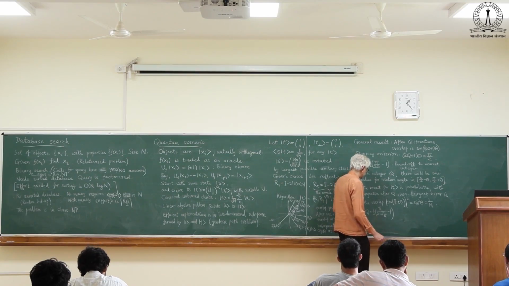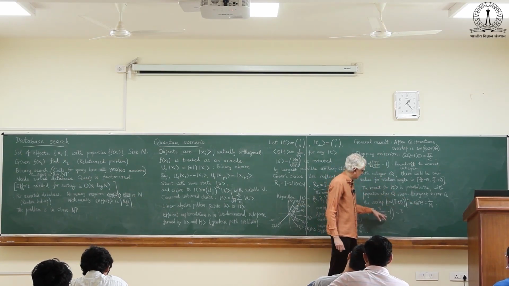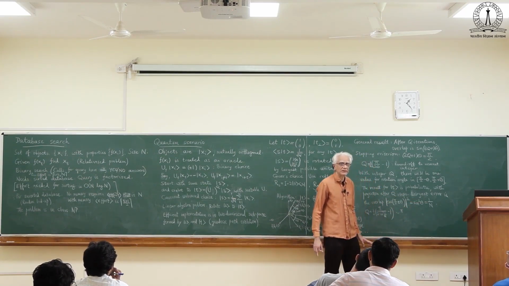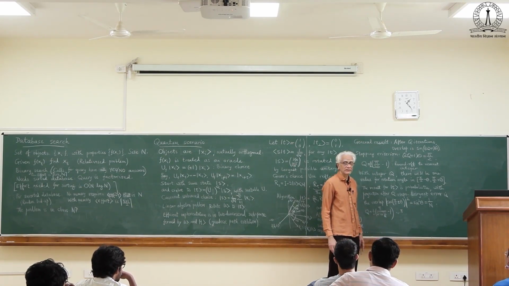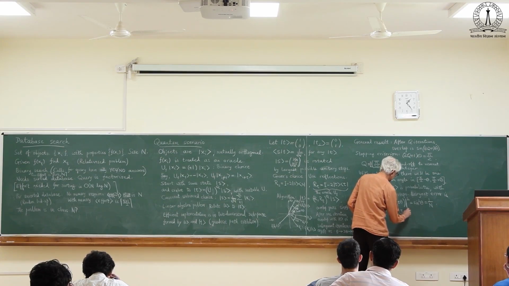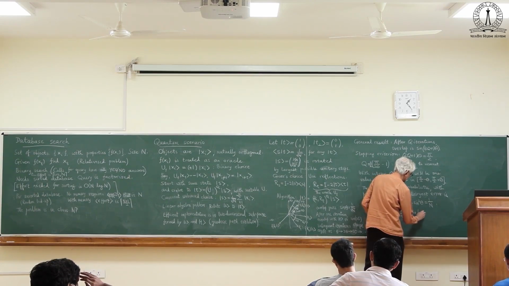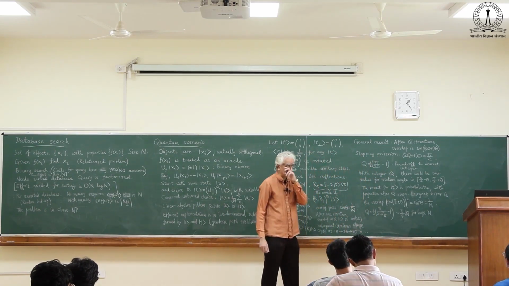Well, you can make an approximation by choosing that n is some large number, so that for small theta, sine theta and theta are approximately equal. So the sine inverse of 1 by root n will become just 1 by root n, and the algorithm scales as pi by 4 times square root of n.